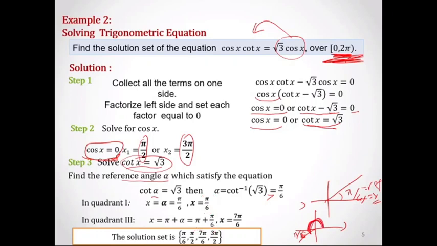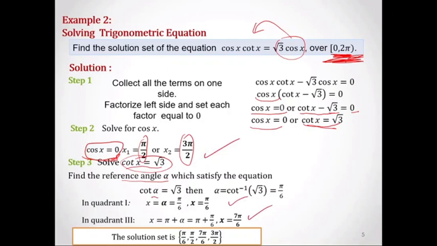Then we will write both as solutions. Two solutions are coming from here, and two solutions are coming from here, and we write all the solutions in one set. These are the solutions over 0 to 2 pi.